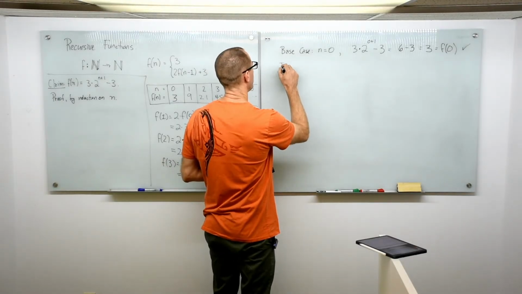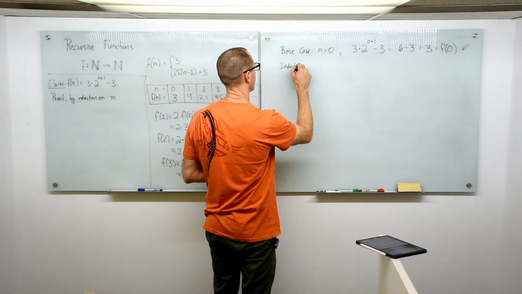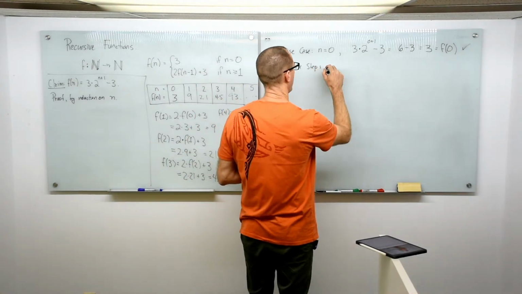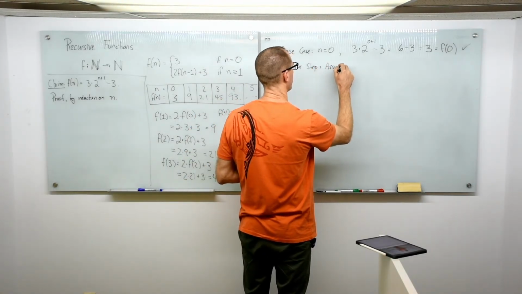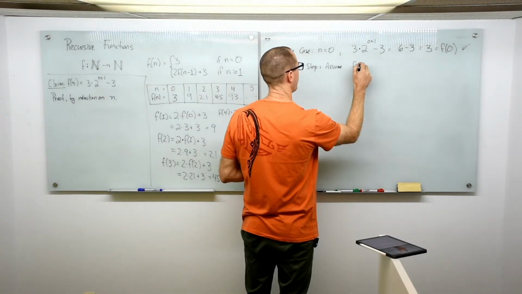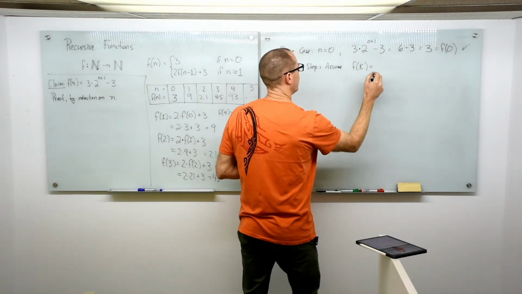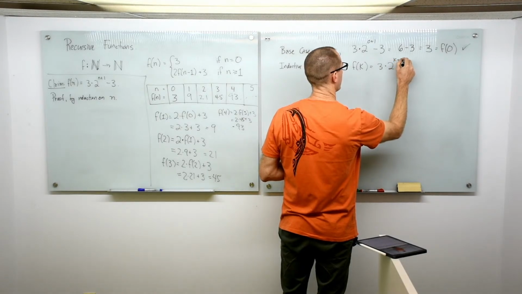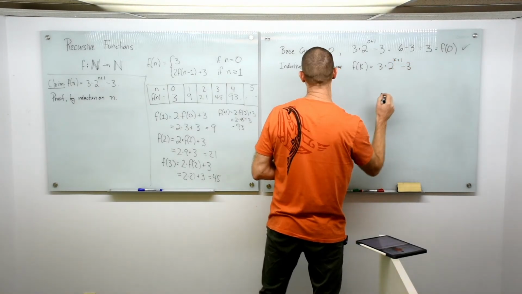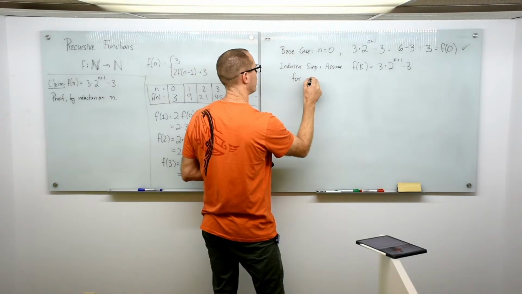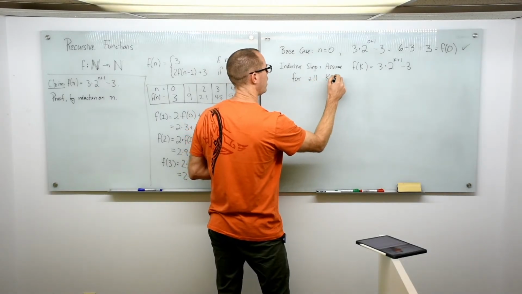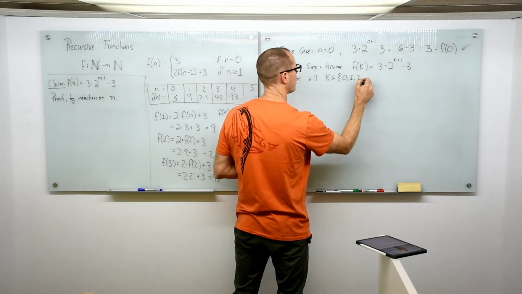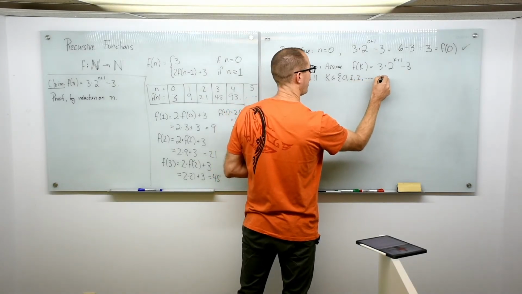So now we want to do the inductive step. For that, we're going to assume that f of k is equal to 3 times 2 to the k plus 1 minus 3 for all k starting from 0 and counting all the way up to n minus 1.